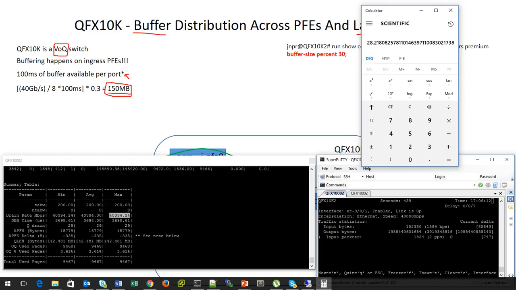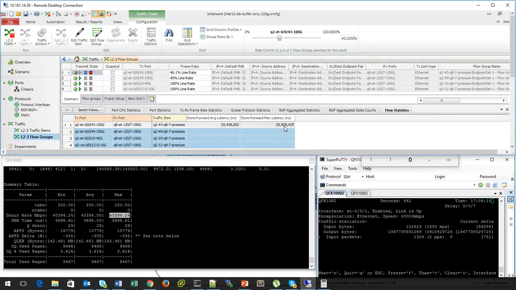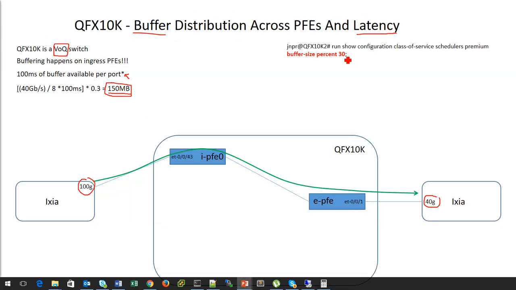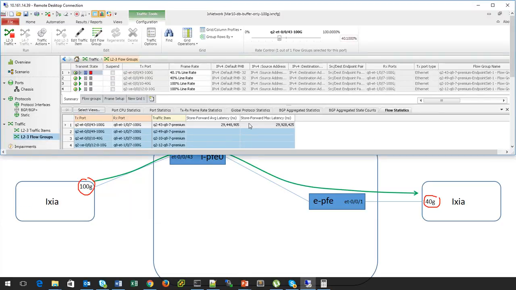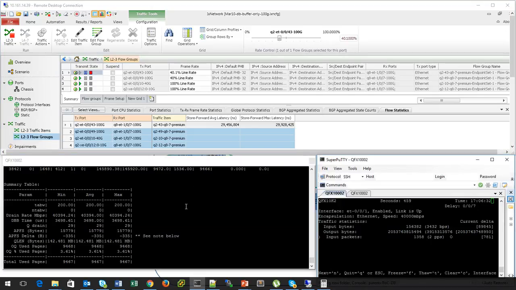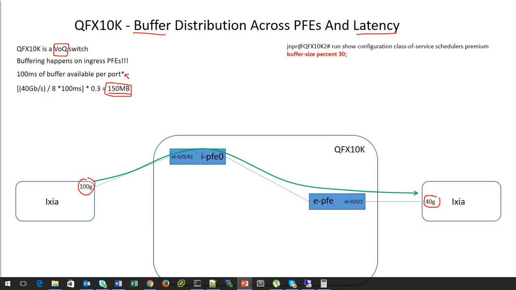If we go back and look at Ixia, Ixia is telling us it's around 29 milliseconds. So we are in the ballpark. So 30 milliseconds, Ixia says 29.9, around 30 milliseconds. And our packet forwarding engine is also saying that it can offload this queue in 30 milliseconds with this particular rate. So let's put these values on the diagram and make some conclusions.